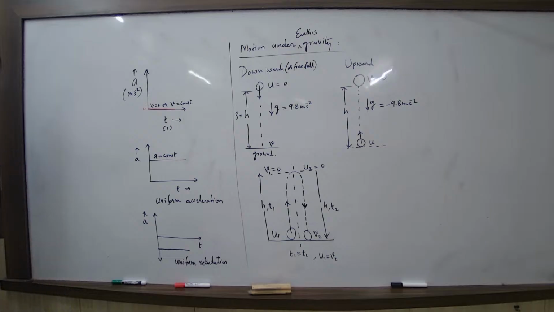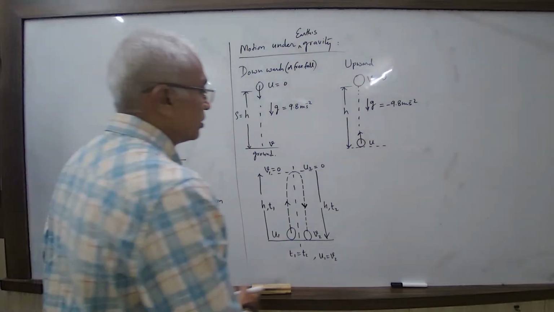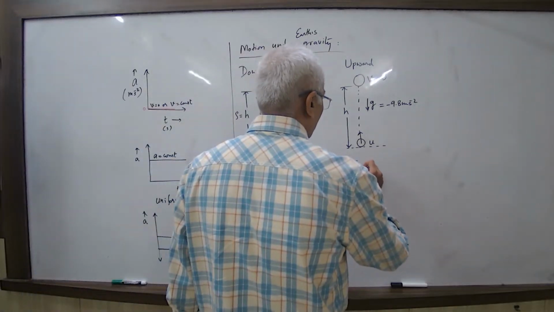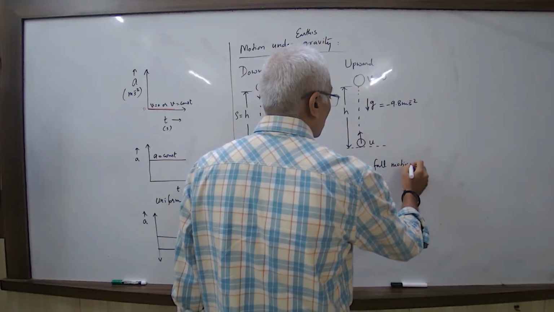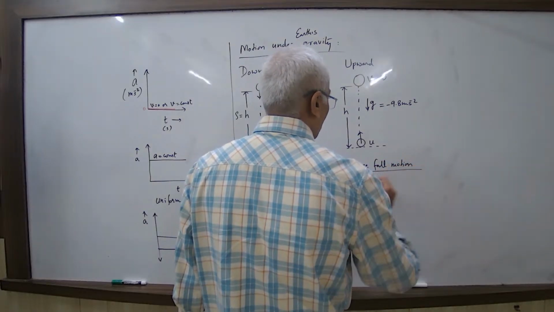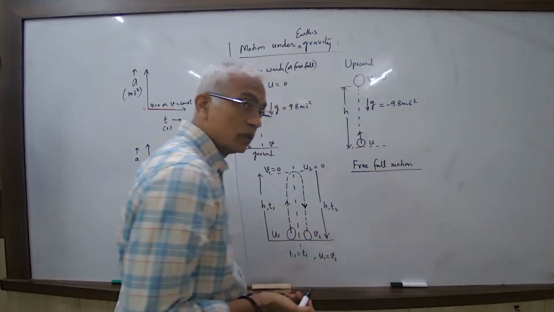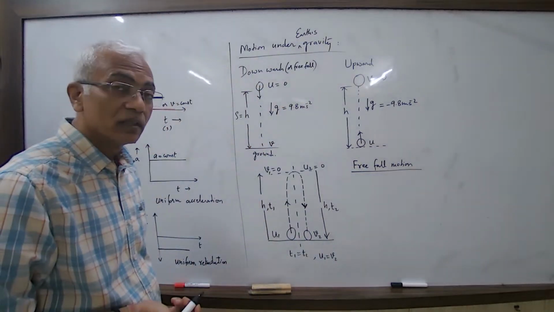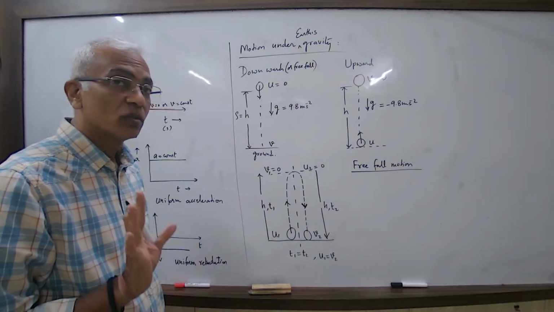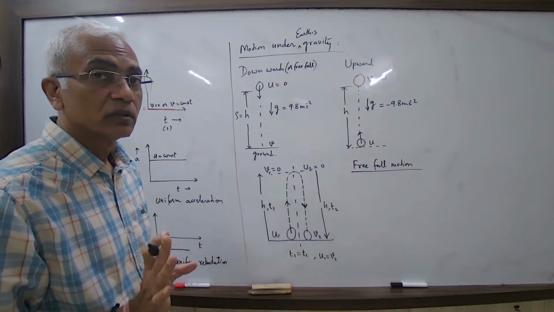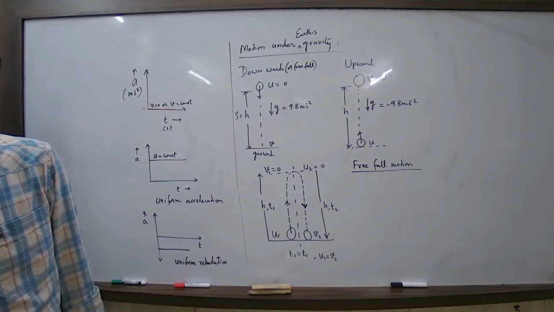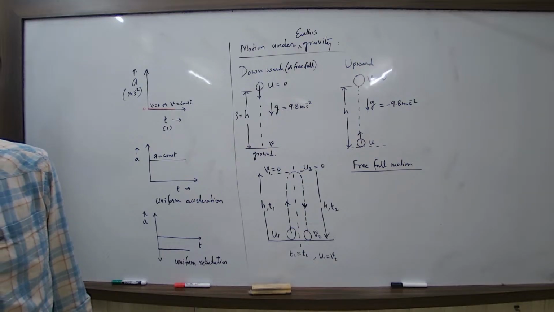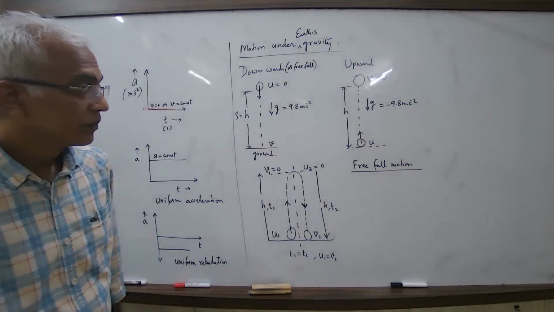तो फ्री फॉल मोशन में क्या होता है? फ्री फॉल मोशन: when object is moving only under Earth's gravity, that motion is called free fall motion. ठीक है? ये when object moves only under effect of gravity, it is said to be falling freely. ठीक है?